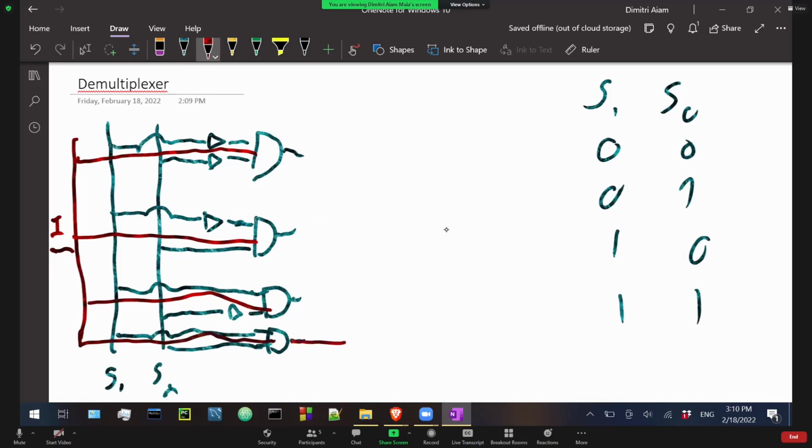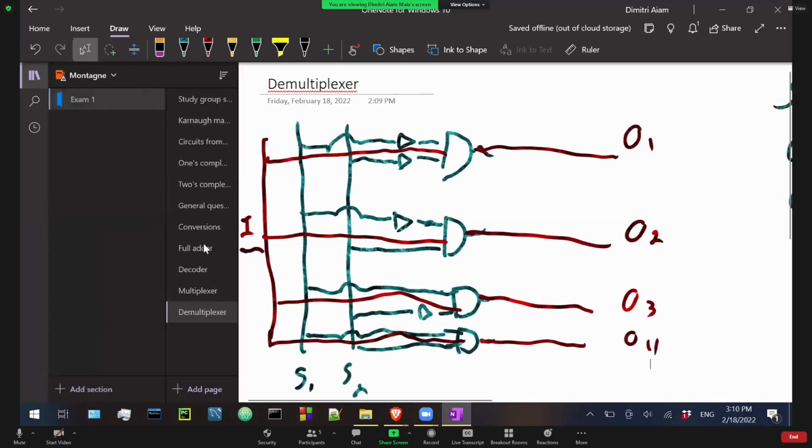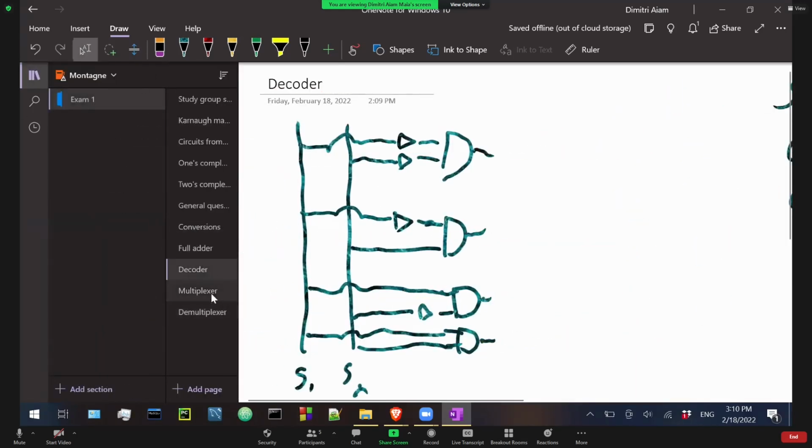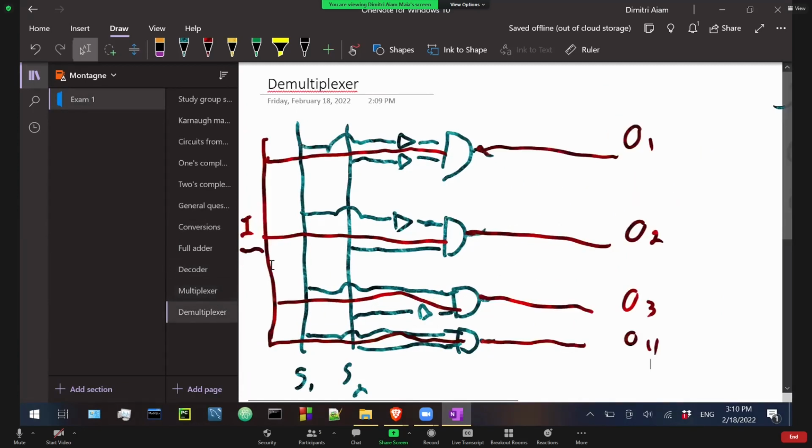And then outputs is the demultiplexer. So you guys can see here, this is the decoder, this is the multiplexer, and this is the demultiplexer. Perfect. Awesome.